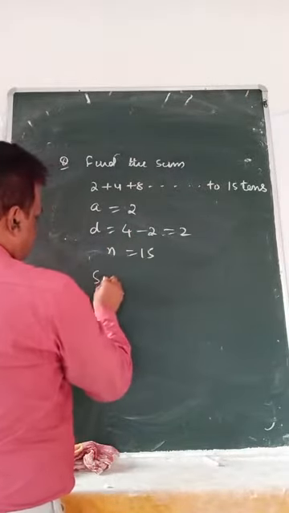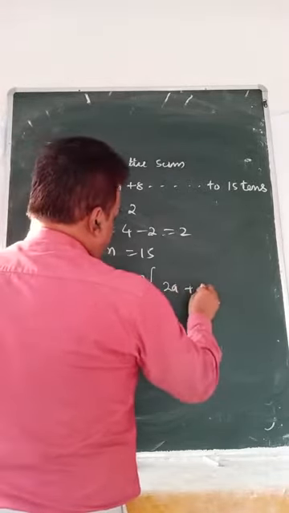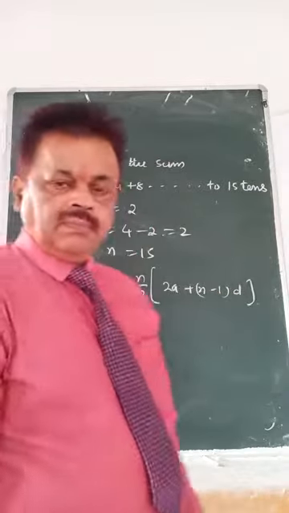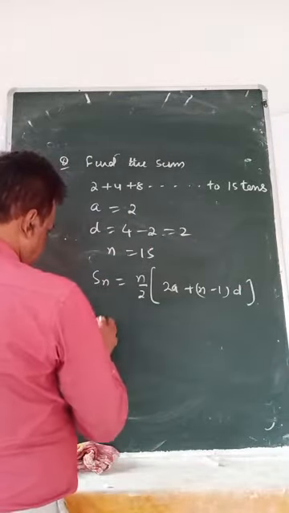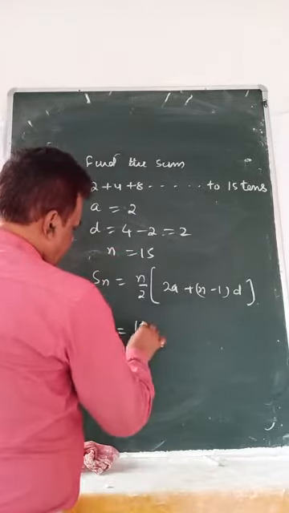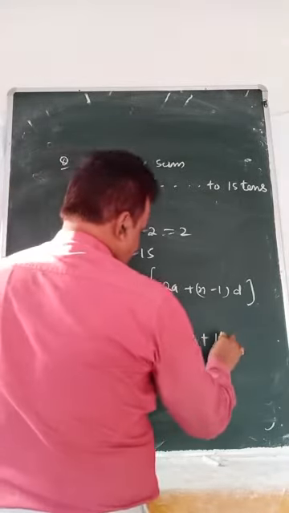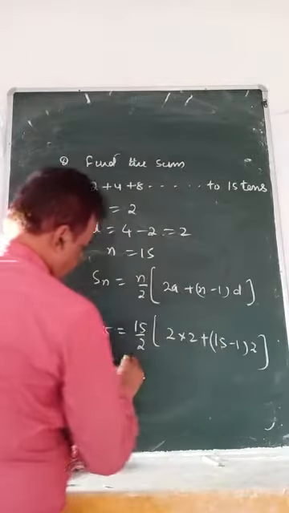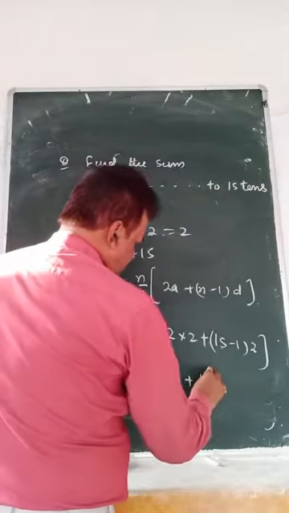Okay, first you write down the formula Sn equals n by 2 into 2a plus n minus 1 into d. Then S15, because n is 15, equals 15 by 2 into 2 into 2 plus 15 minus 1 into d, which is also 2. 15 by 2, 4 plus 14 into 2.